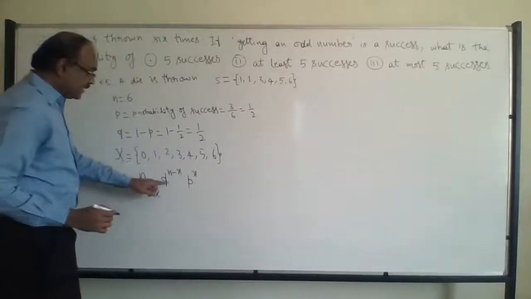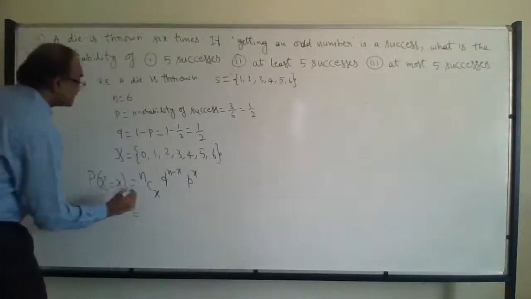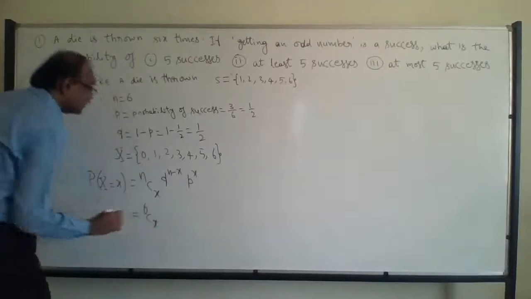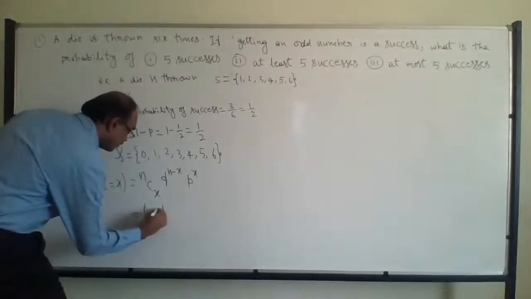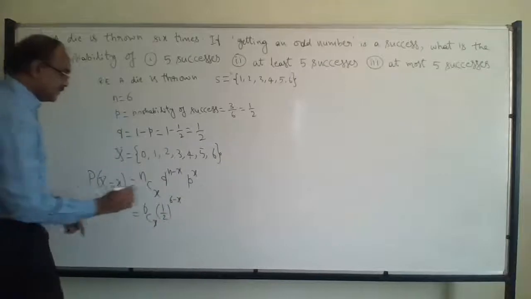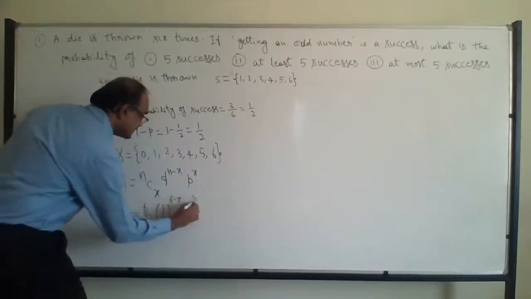Now you know n, p, q values. So substitute those values. So what is n? N is 6. 6Cx. What is q? Q is 1 by 2. 1 by 2 whole to the power 6 minus x. That is n minus x. P. P is what? 1 by 2 whole to the power x.